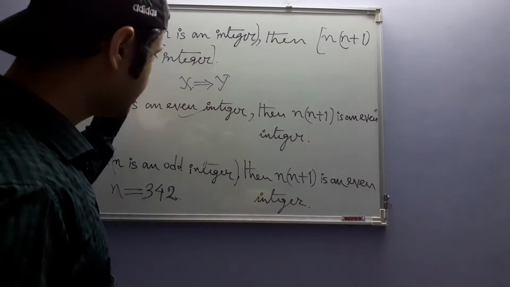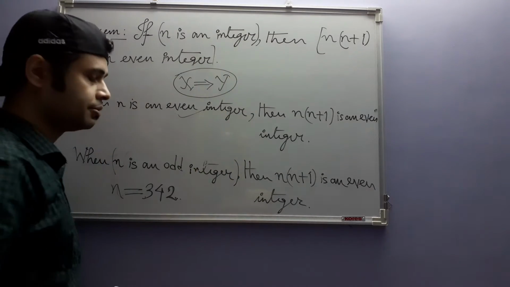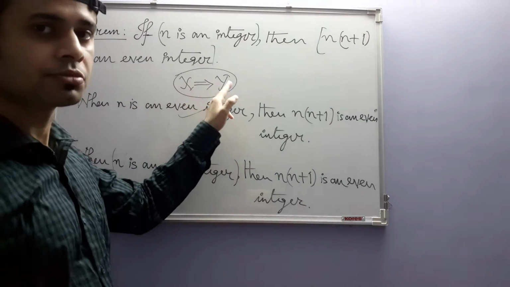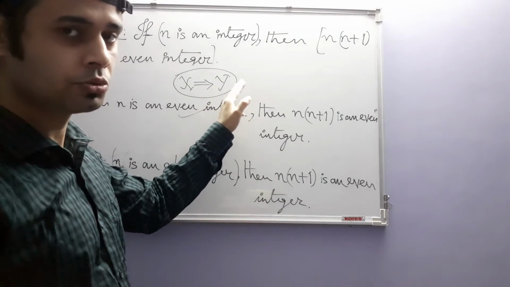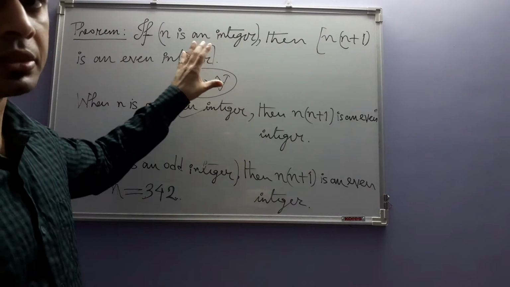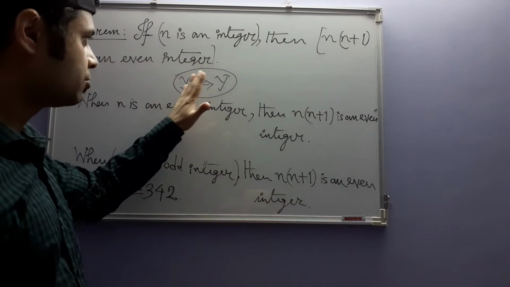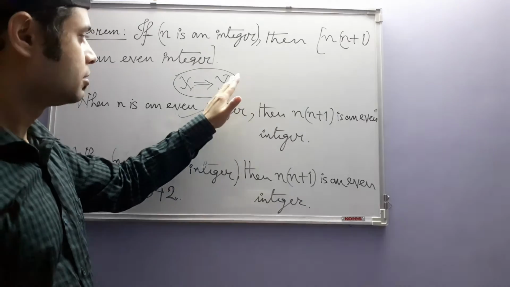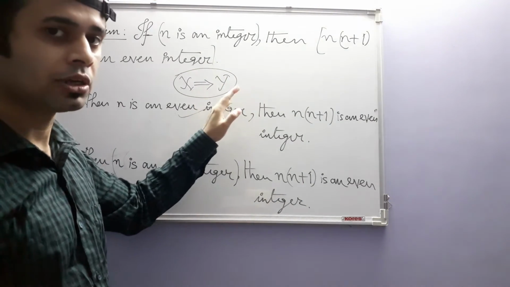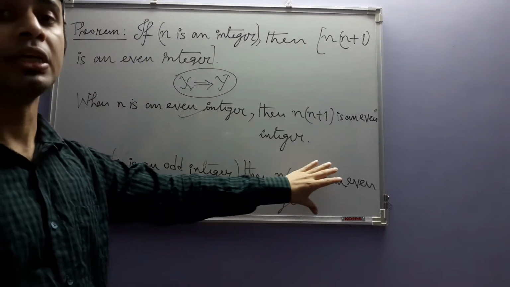So if instead of what we have done while defining implication, that is, when x is false we assume the implication to be true and it's called vacuously true, instead of that, if we just define implication like this: if x is true, then the implication is said to be true when y is true, and false when y is false, and if that was all, then this part of the proof would become meaningless.